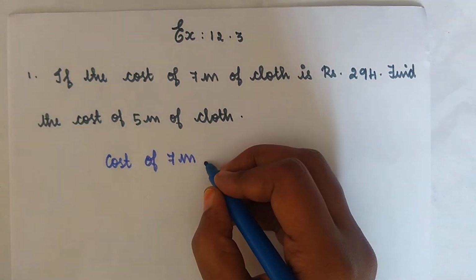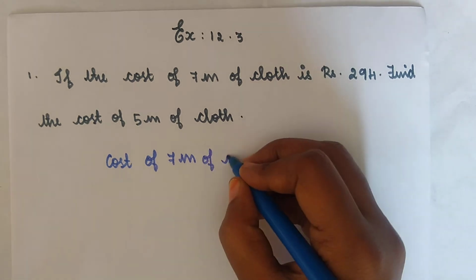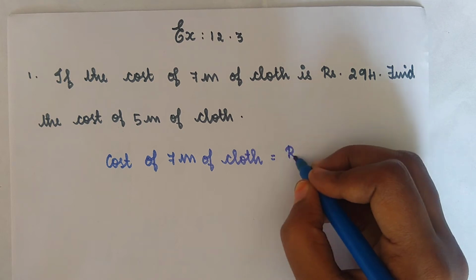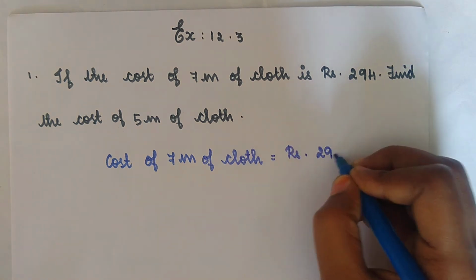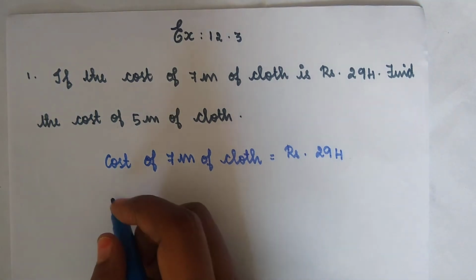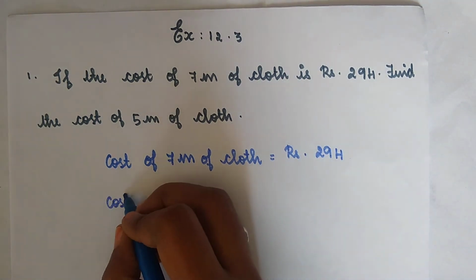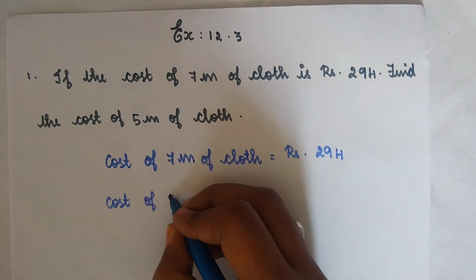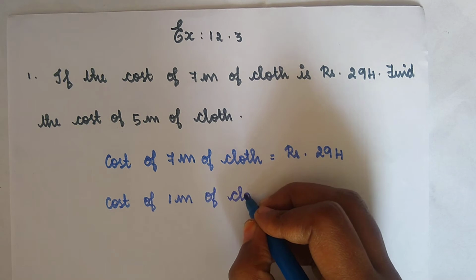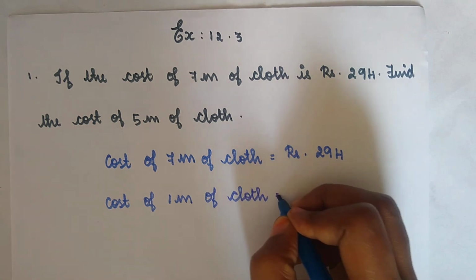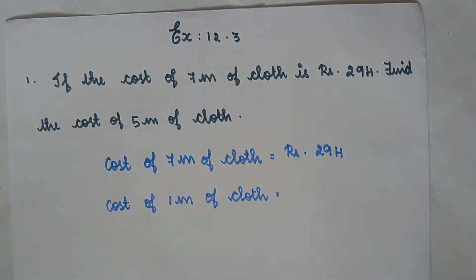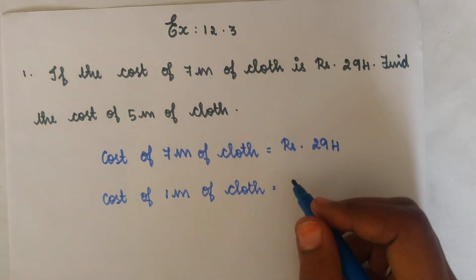Cost of 7 meter of cloth is equal to rupees 294. Then we have to calculate the cost of 1 meter of cloth, because it is easy to find the cost of the 5 meter of cloth.